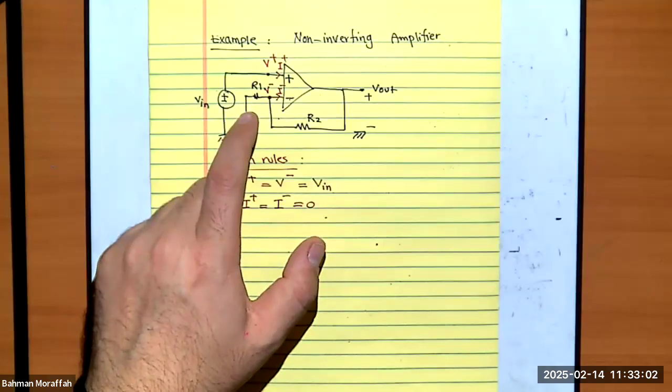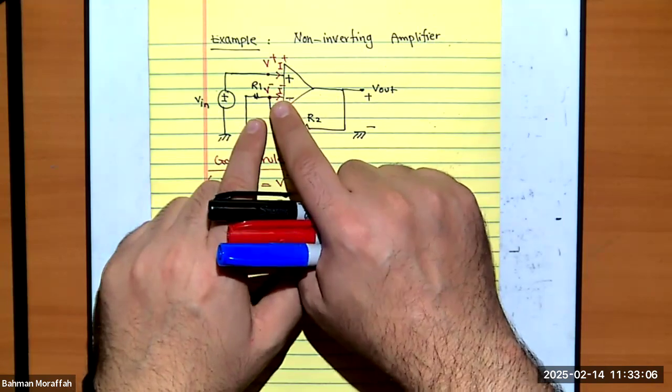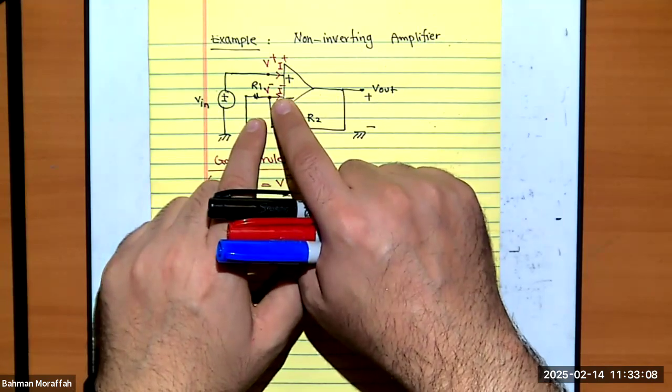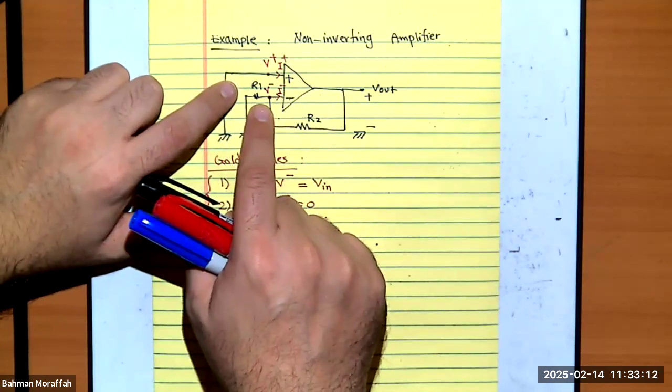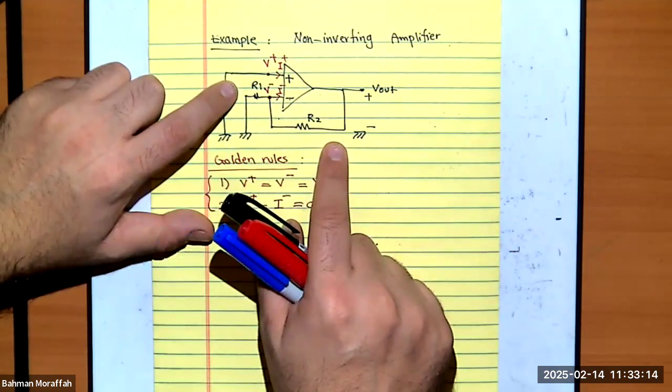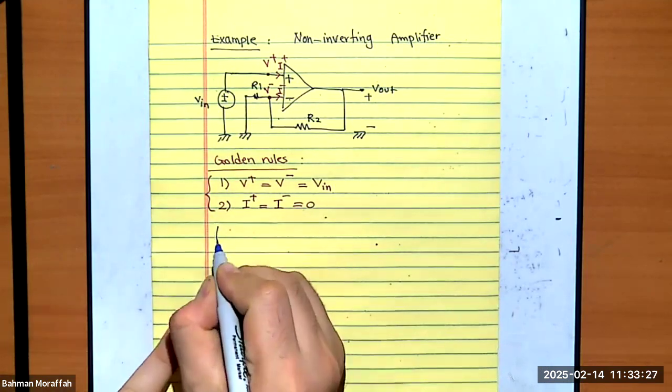But look, I am claiming R1 and R2 are in series. Because if I look at this I negative over here, this I negative is 0. So whatever current I have going through R1 should go through R2. So it is indeed a voltage divider circuit. Let me just quickly remind you what a voltage divider circuit was.